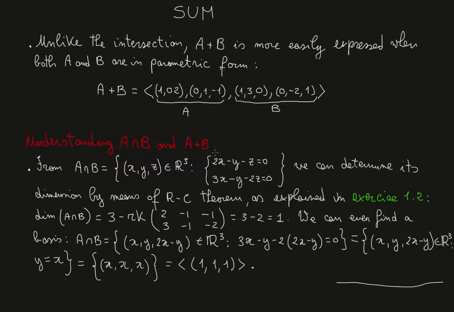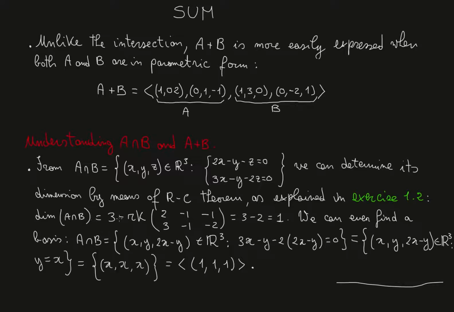Therefore, the RC theorem tells us that this set of linear equations, being homogeneous, will always have solutions, and the dimension of these solutions is going to be the number of the unknowns, which is 3 in this case, x, y, and z, minus the rank of the incomplete matrix.